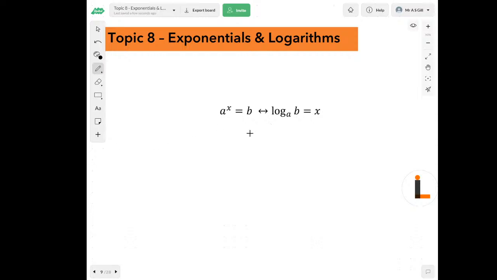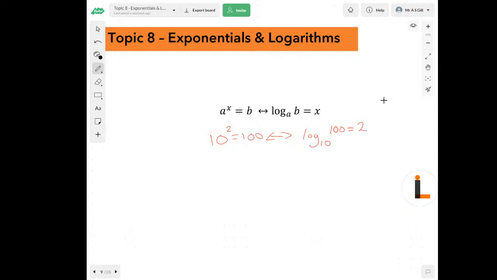So this is how logarithms work. Logarithms allow us to find out powers. So for example, if we had 10 squared equals 100, which we know is true, obviously, we could rewrite this as log base 10 of 100 equals 2, right?